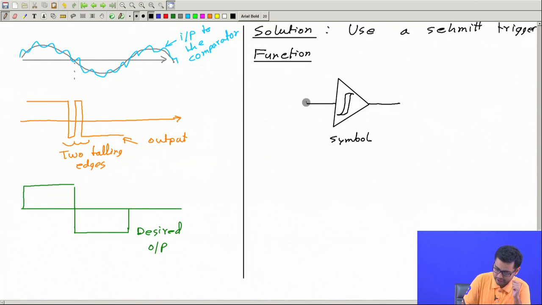Now, if you give an input to it, it will generate a kind of square wave or rectangular wave. How? Say the input is like this. So this is input, this is output.